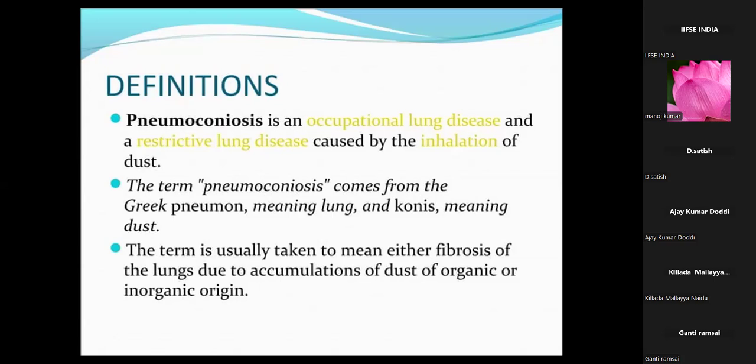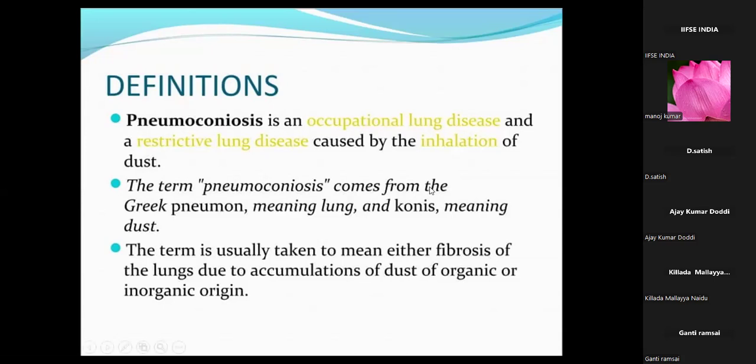The term pneumoconiosis comes from the Greek pneumo, meaning the lungs, and coniosis, meaning the dust. So this is an amalgamation of Greek words: lungs, and dust. So pneumoconiosis is a dust-related occupational disease of the lungs.